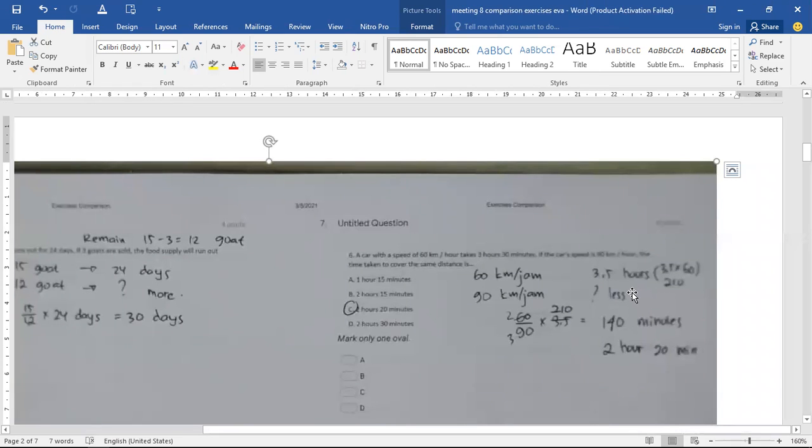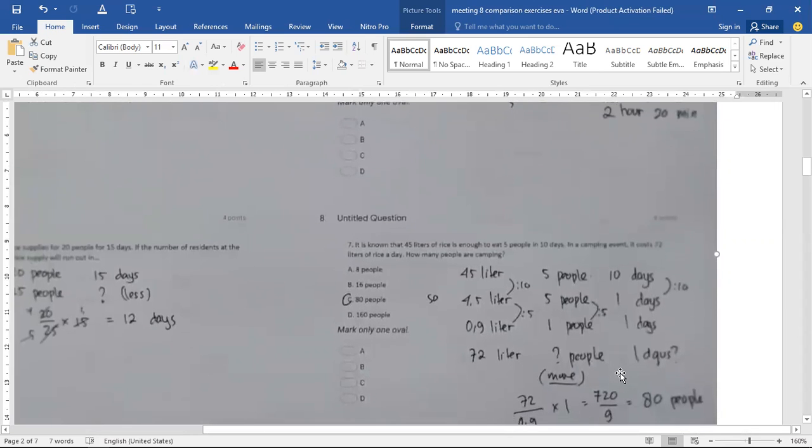So how to find a number that is less than the recent one? Just put the smaller number, right? So 60 per 90 times the hour. You can write it as 3.5 hour, or here I just write it as 210 because I change it to minutes. So 3 hour is 180 plus 30 is 210. So it takes 140 minutes, but on the option they display hour and minute, so I change it into 2 hour and 20 minutes.